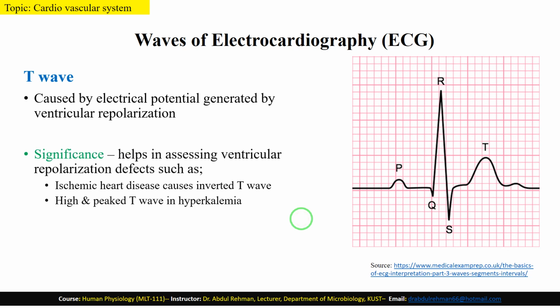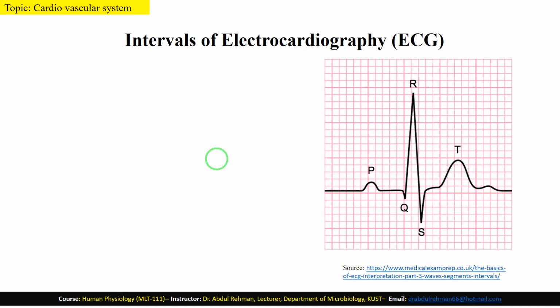And what is the significance of the T waves? It gives us an indication about heart diseases, like if there is an inverted T wave, it means there is ischemic heart disease.